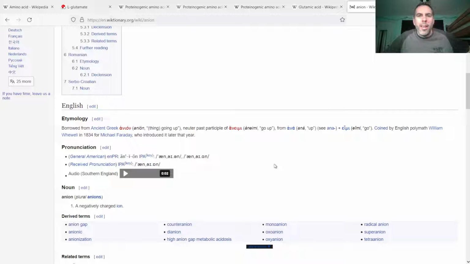So anion is up an electron, meaning it's negatively charged, which is a little confusing, but you just have to remember to think like electrons. You have a neutral atom, you go up in electrons, you become negatively charged, you become an anion. Same with anabolic. You're going up, you're building molecules in an anabolic process. Cat means down, catabolic, you're breaking down a molecule. Cation, you went down an electron, which means you're positively charged.